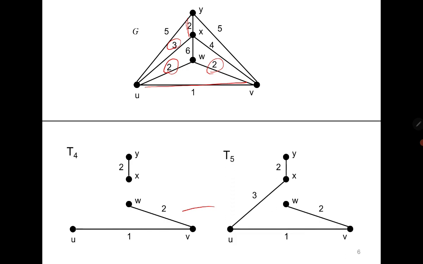And now you can see that all the vertices have been covered, or you can say that the order of the graph was 5. So I was looking for only 4 edges. So these 4 edges have been identified, and that gives me the required minimum weight spanning tree whose weight is 8.